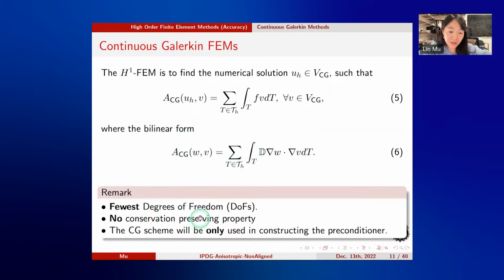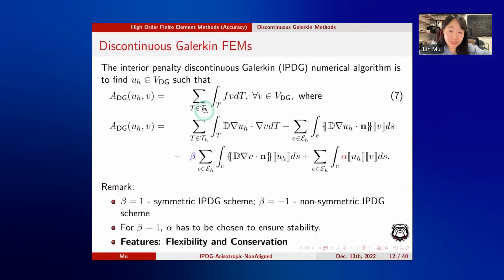So if our problem, for example, is a time-dependent problem or a transport problem, which is sensitive to this fundamental conservation property, the CG method may not be good for solving the related problem. So in our setting, we will only use the CG method to construct the preconditioner, but the solver for our problem is the DG method. Okay, for the DG method, we use discontinuous functions to do the approximation.